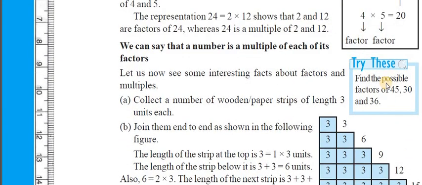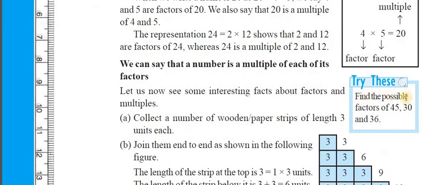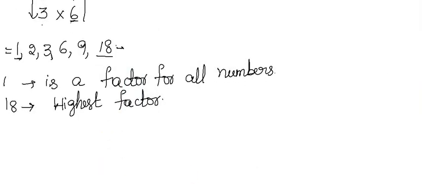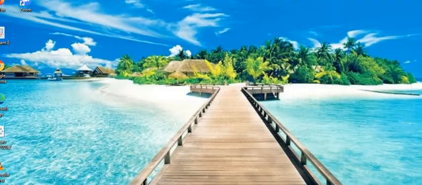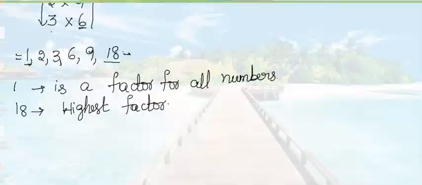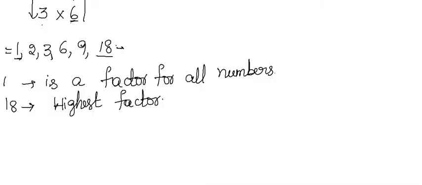So here is a question, Try This. Find the possible factors of 45, 30 and 36. We'll just try to find the factors of 45. We'll start with the 1 table.